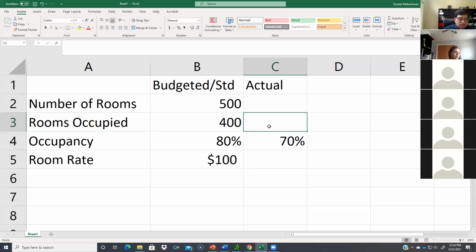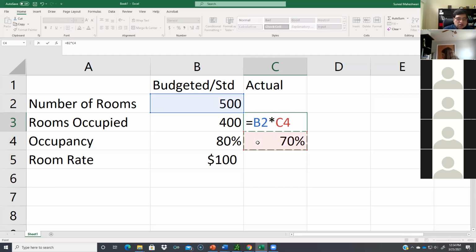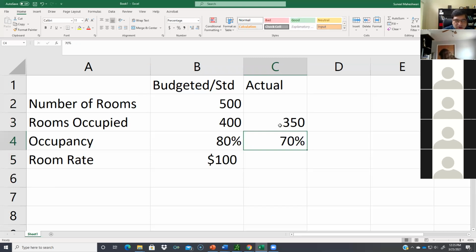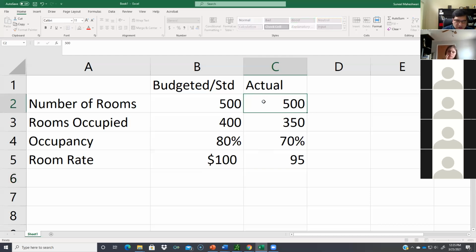That means our number of rooms which were occupied will be 70%, 350 rooms. And maybe we only got $95 on an average as the room rate. This is actual, right? And I again made up these numbers. So this is actual. The number of rooms still remain at 500. And these are the actual scenario.